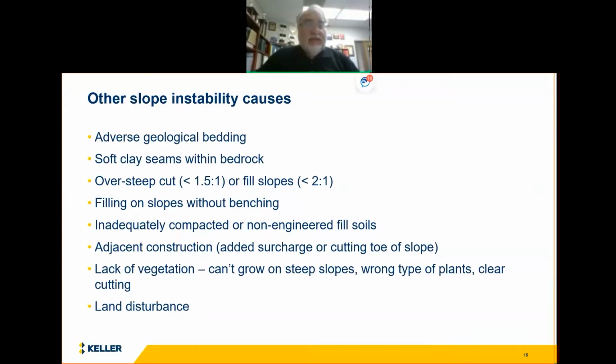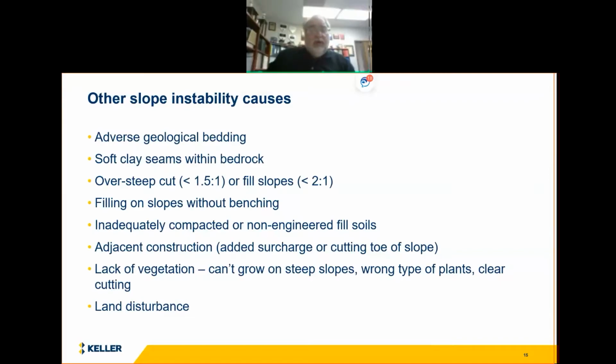We see a lot of inadequately compacted or non-engineered fill soils. They're either dump sites, old fills from old mining, or they could be very old, etc. But anytime there wasn't an engineered design and construction where compaction was done appropriately.